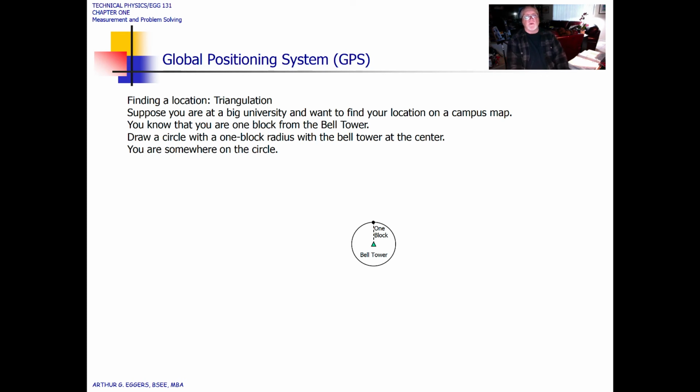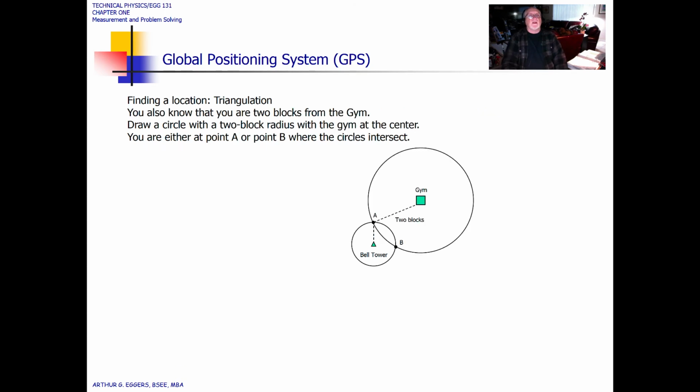So you're somewhere inside of that circle. You also know that you're 2 blocks away from the gym. Draw a circle with a 2 block radius with the gym at the center. You are now, from the diagram, at either point A or point B.